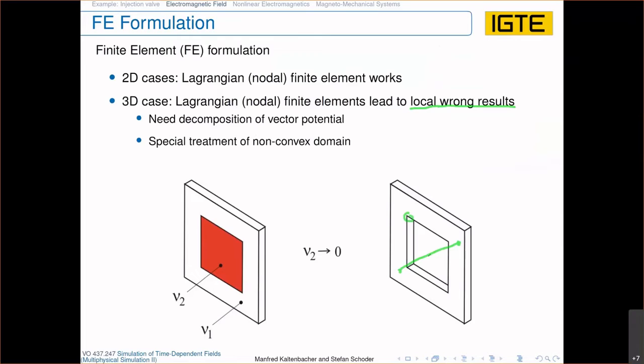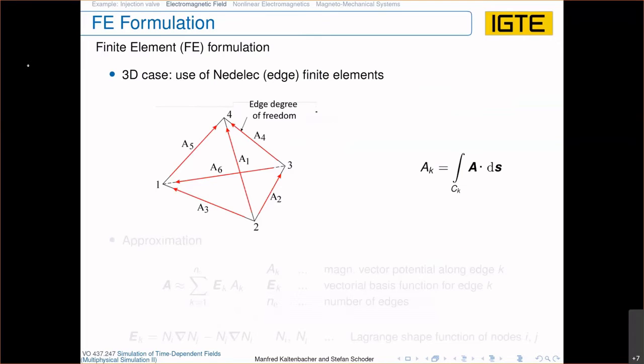So there are some formulations, but in no commercial programs, just in some research programs, and it's getting very complicated, especially for the implementation. In this case, the correct discretization is done with so-called Nedelec or edge finite elements.